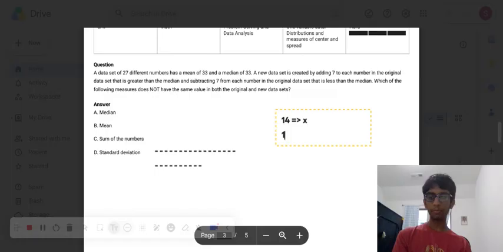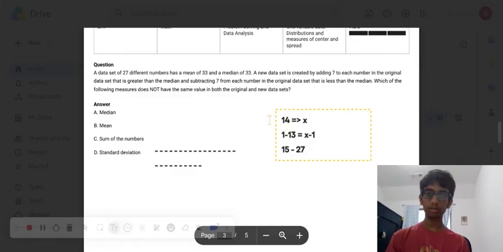And say the previous 13, slots 1 through 13, have a value of x minus 1. And say the numbers 15 all the way to 27 all have the value x plus 1.